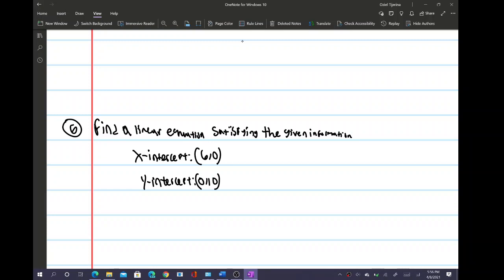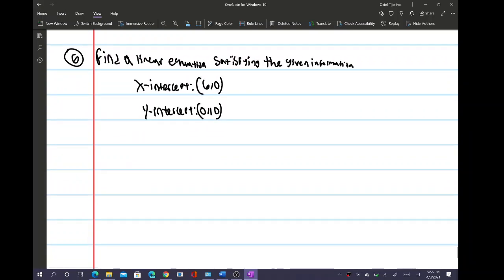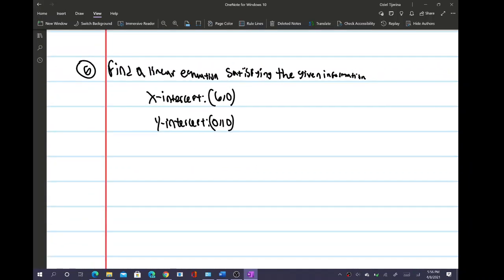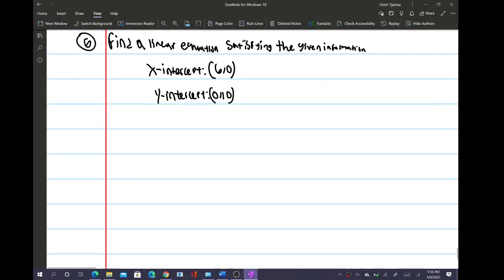But I wouldn't say y-intercept equals 3. I would say y-intercept is y equals 3, or something like that, you know, y equals 10 for this one. Anyways, so we're just gonna find the slope between those 2 points.